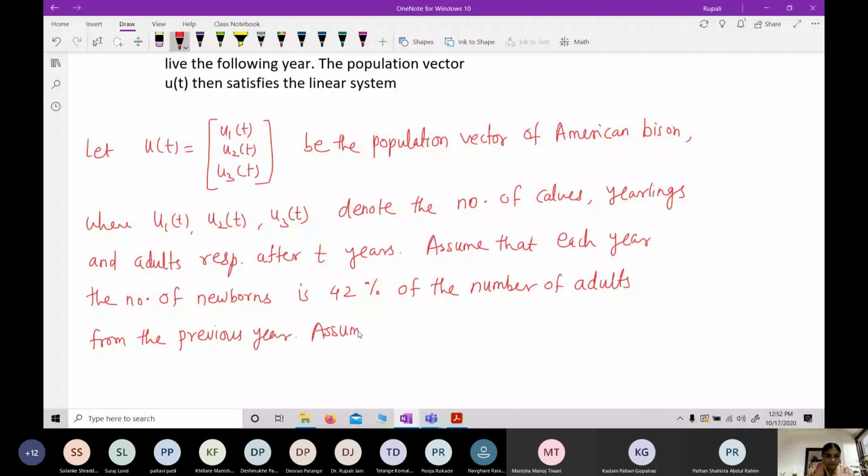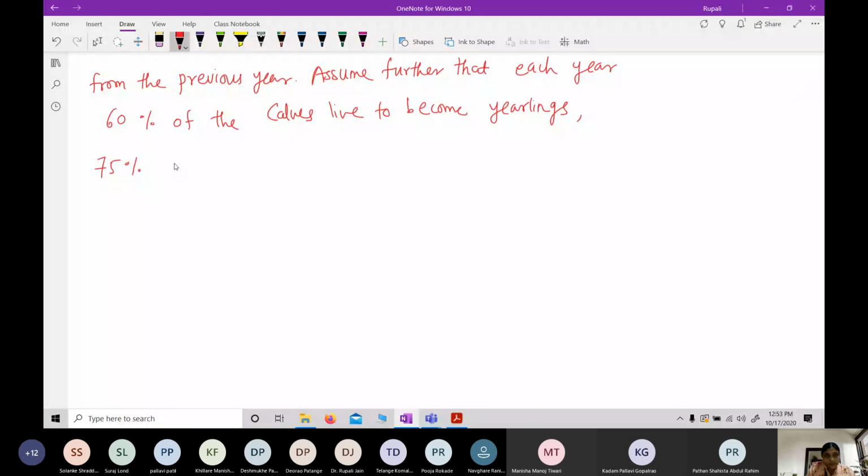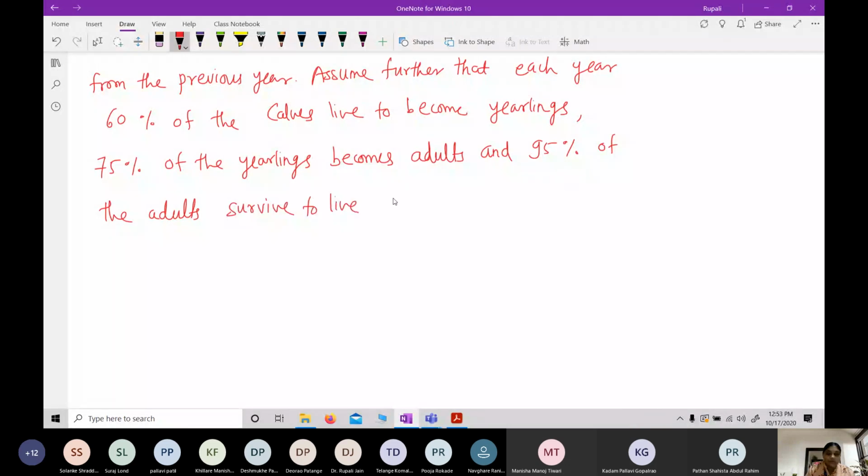And assume further that each year 60% of the calves live to become yearlings, 75% of the yearlings become adults, and 95% of the adults survive to live the following year.